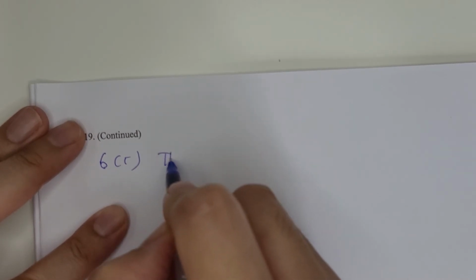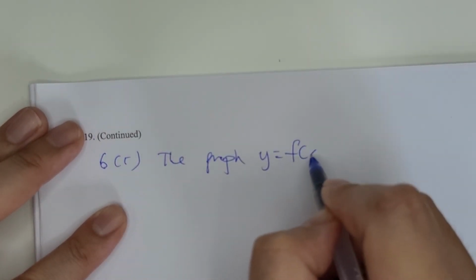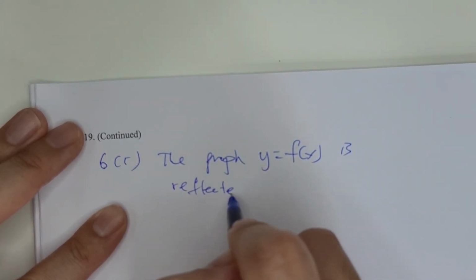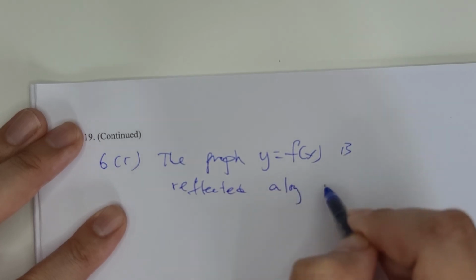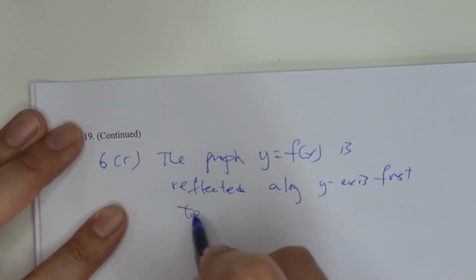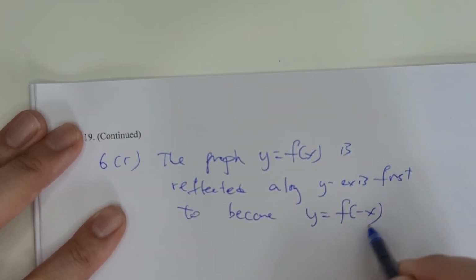B1, the graph y equals f(x) is reflected along the y-axis first to become y equals f(negative x).